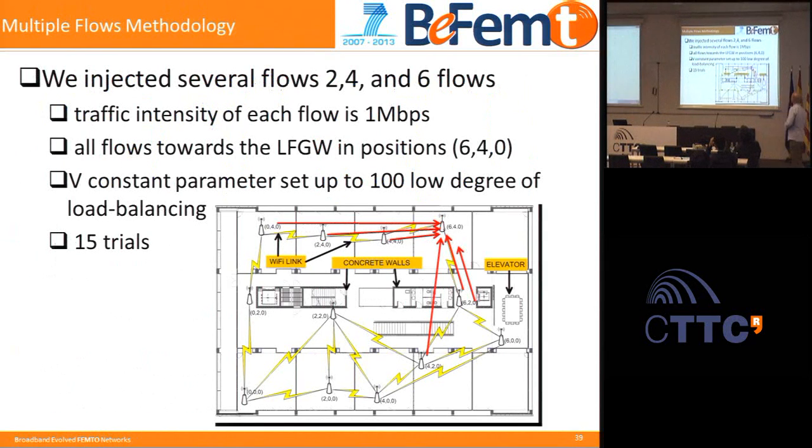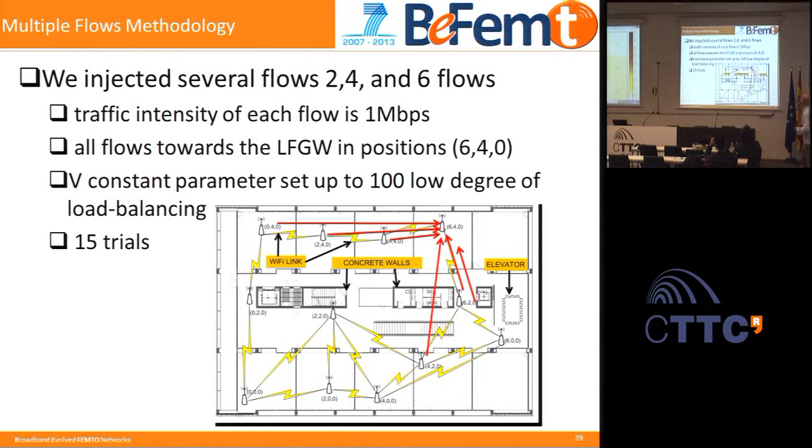So, going to the evaluation of the routing protocol with several flows, we performed an experiment in which 2, 4, and 6 flows were injected to this node here, and each flow injected 1 megabit.